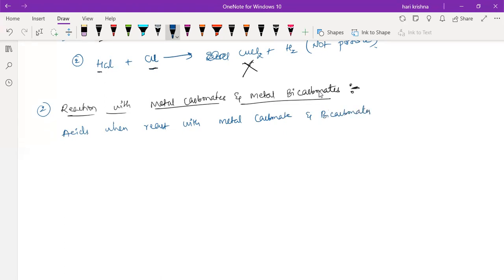Whenever the acid reacts with the metal carbonates or metal bicarbonates, what will you get? It gives carbon dioxide gas with brisk effervescence.